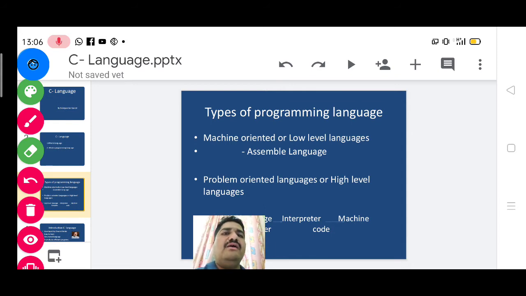And the second type is the problem oriented language, that's called a high level language. These languages are designed to give a better programming efficiency. That is, the program development in this language is easy and much faster.